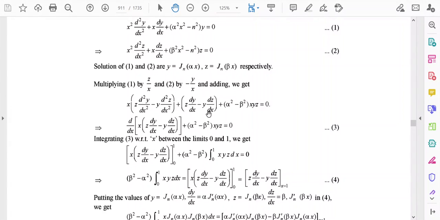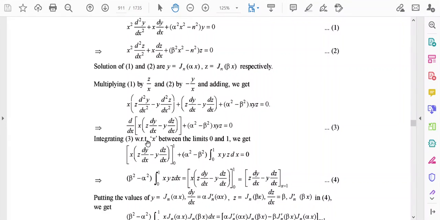Actually the first two terms can be written in this way, that is d/dx of x times (z dy/dx minus y dz/dx). This is for the first two terms, and the last term is (alpha squared minus beta squared) x y z is equal to 0. Now we will integrate this equation with respect to x within limits 0 to 1.